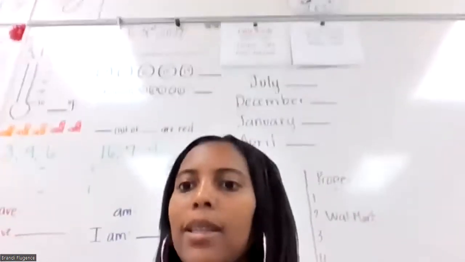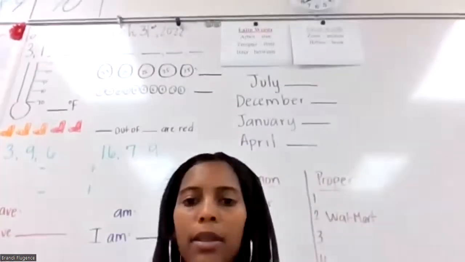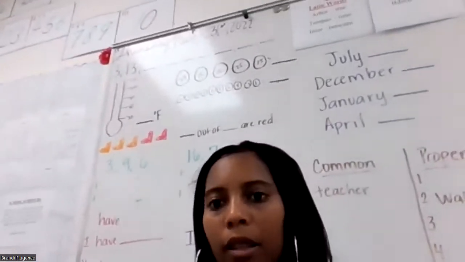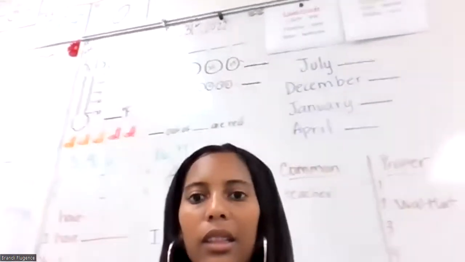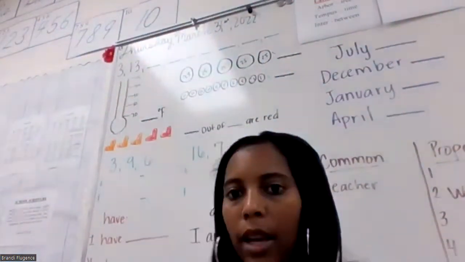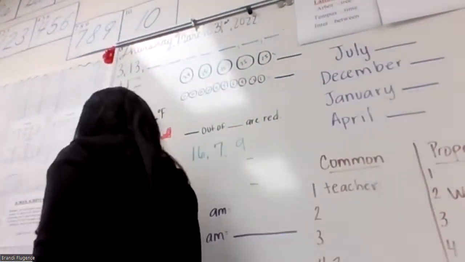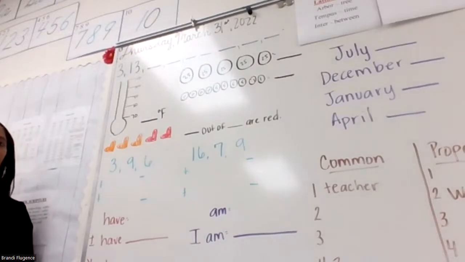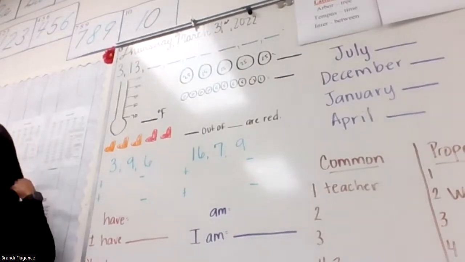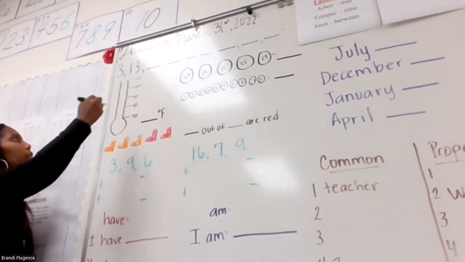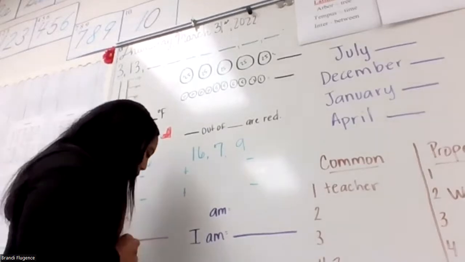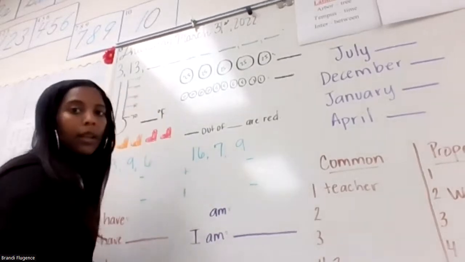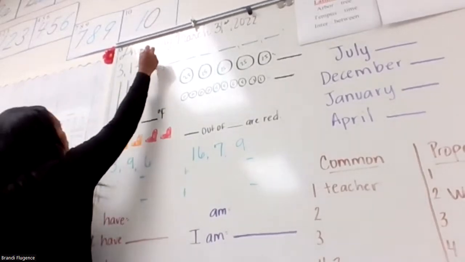I have a counting by tens pattern, but it's counting with threes. Okay, so I have 3, 13. Where am I going from 13? 3, 13, 23.